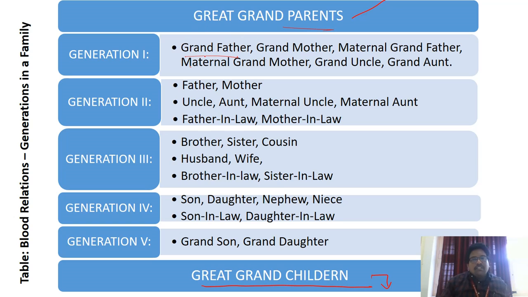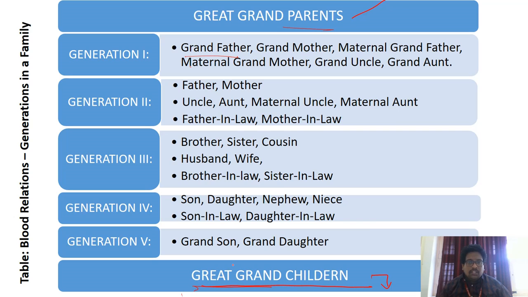Grandfather's grandfather is also great grandfather. The same thing applies for great grandchildren. So I hope I'm clear with the explanation of these blood relation generations. Clear? So if you want, you can pause this video and go through it to get a clear picture. So we have covered almost all the relationships that are asked in the questions under blood relation.